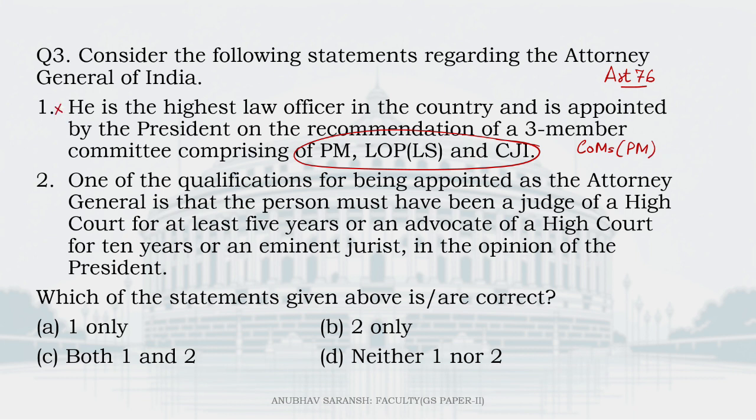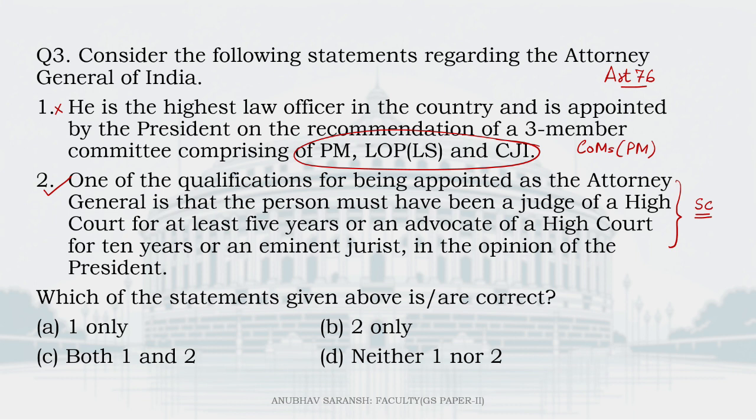Second one. One of the qualifications for being appointed as the Attorney General is that the person must have been a judge of a high court for at least 5 years, or an advocate of a high court for 10 years, or an eminent jurist in the opinion of the President. This is actually correct. Why? These are nothing but the qualifications to be a Supreme Court judge, and that is exactly the qualification to be an Attorney General as well.